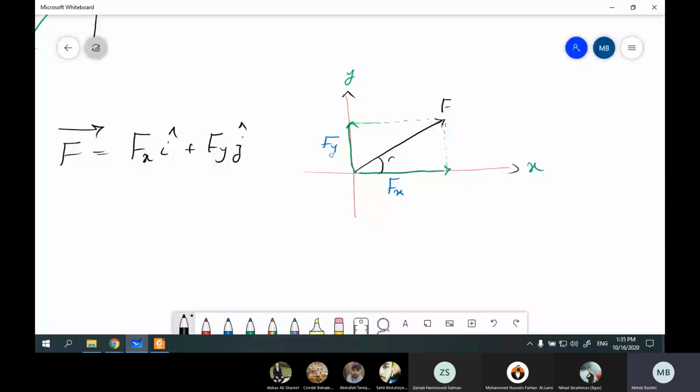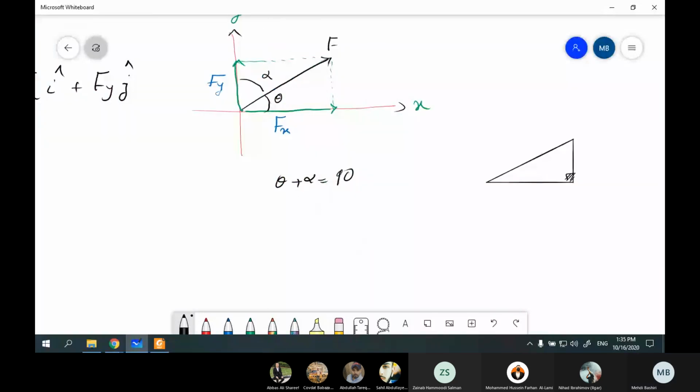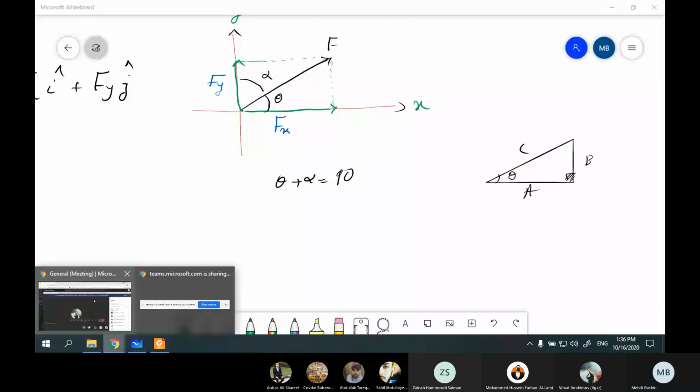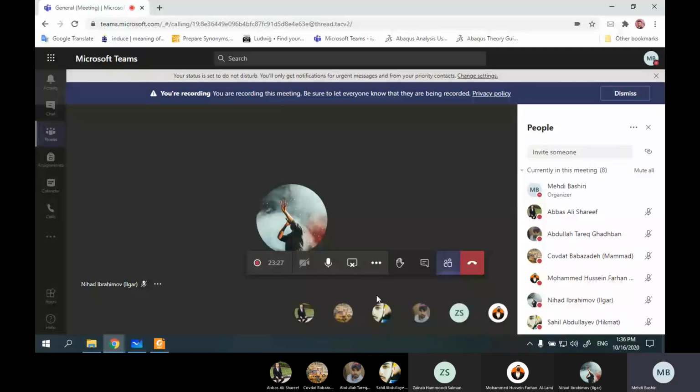Okay. In a triangle like this, A, B, C, with the angle of theta. Let me ask someone who is here, Abbas Ali.